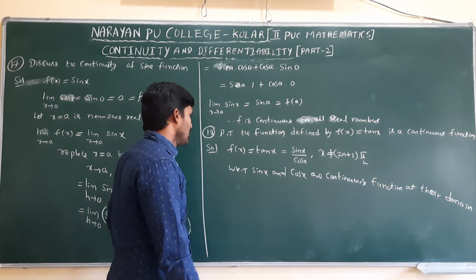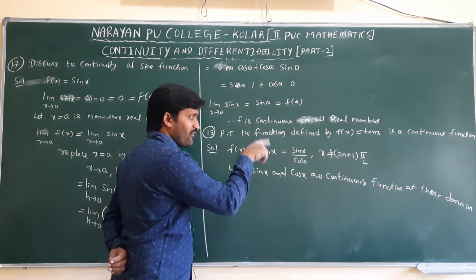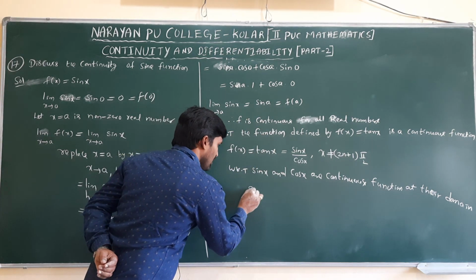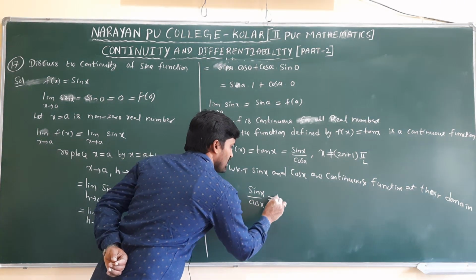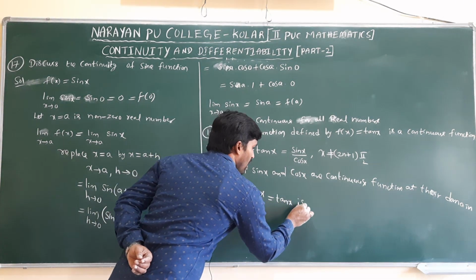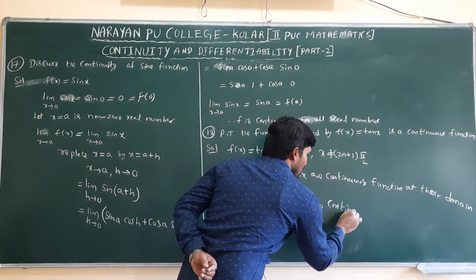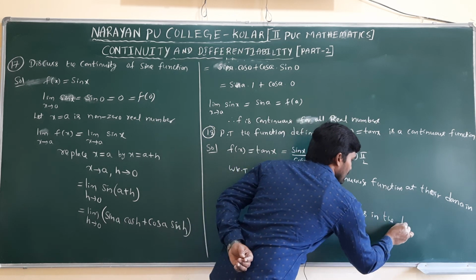No issue in that. Next, when these two are continuous, the division of two continuous functions is also continuous. That's why sin x by cos x, which is tan x, is also continuous in the domain.